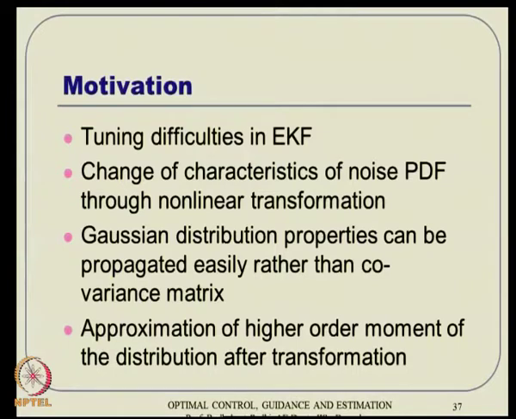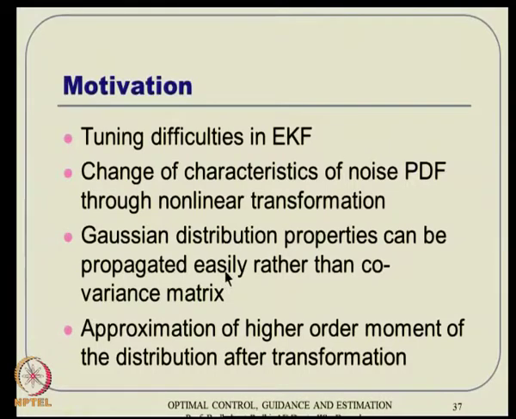So if you consider it that way, is there any idea by which you can update the mean and covariance of this PDF itself? One line of thought, which started at Oxford University, UK, is something like this. Their idea is that Gaussian distribution properties can be propagated more easily than the covariance matrix itself.